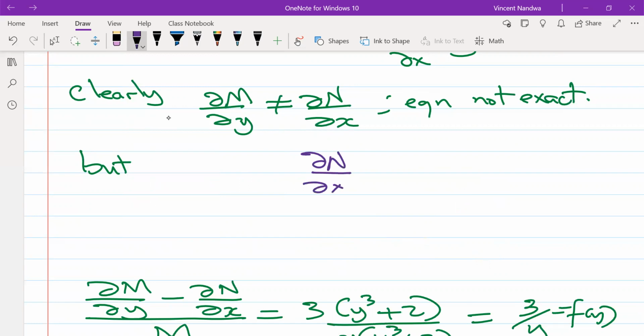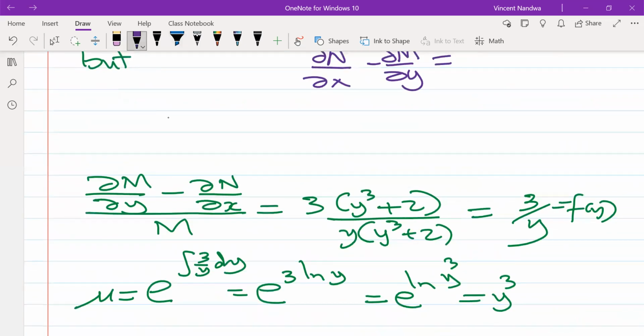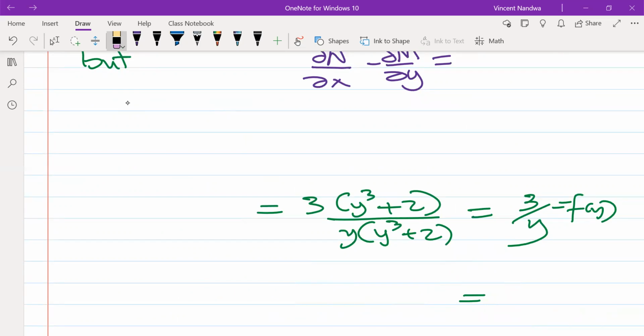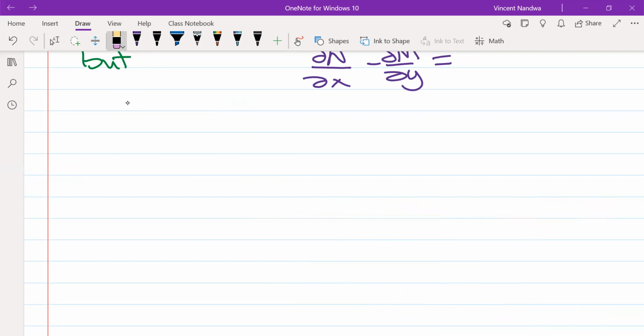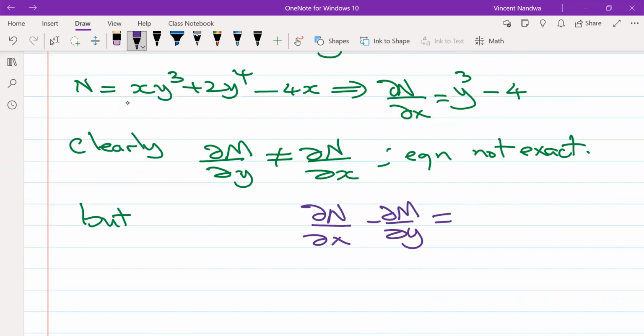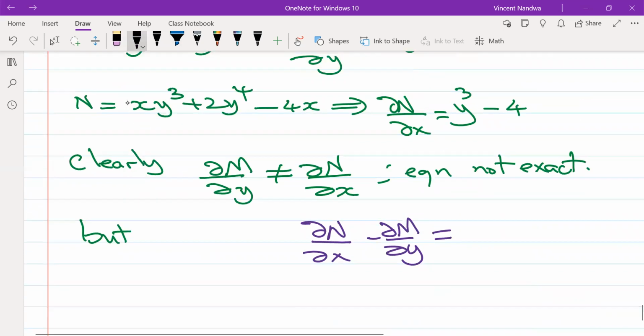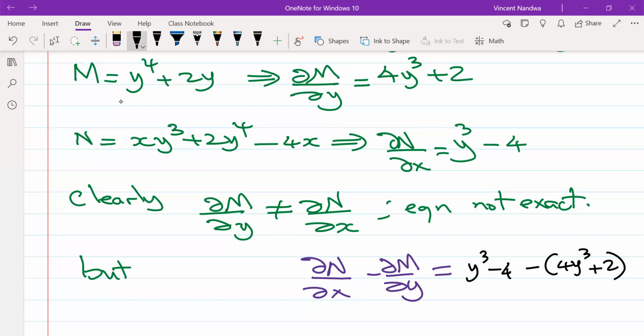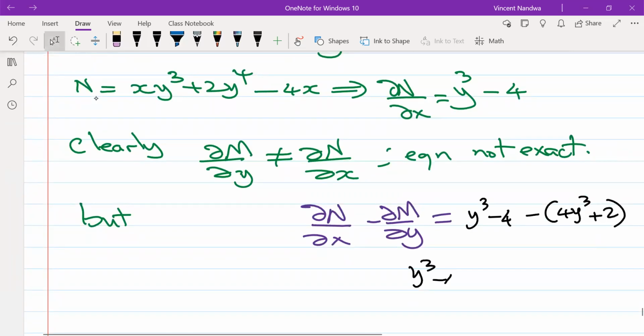partial N partial x minus partial M partial y, which is y cubed minus 4 minus 4y cubed plus 2, which is y cubed minus 4 minus 4y cubed minus 2.